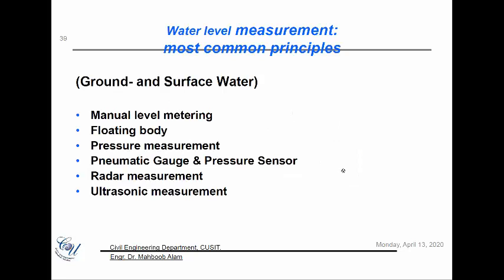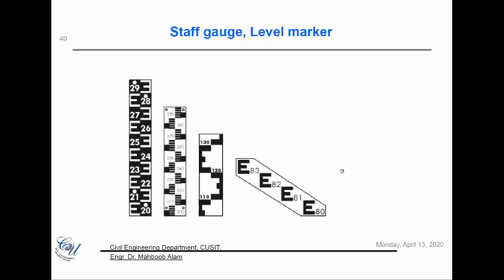You can go through these things when the slides are uploaded on the LMS and you download them. But usually we have these kinds of level markers which we introduce along the river, maybe along the banks or through the piers or other structures that are available.